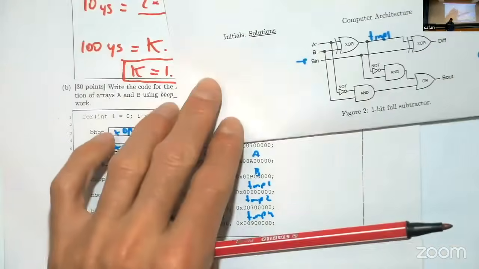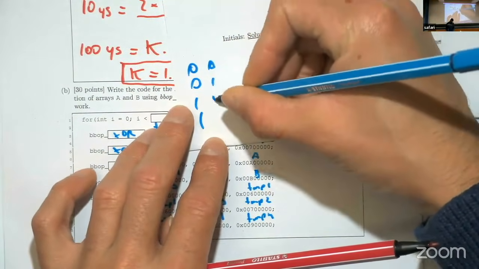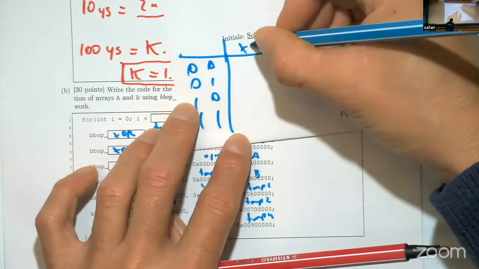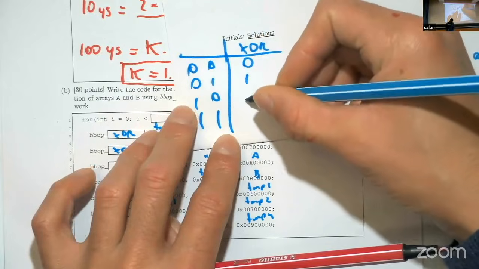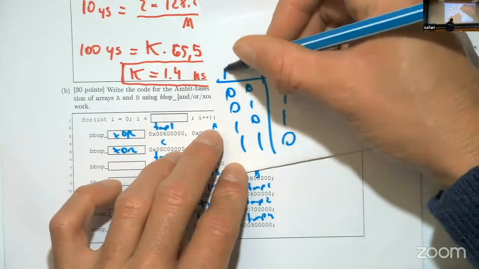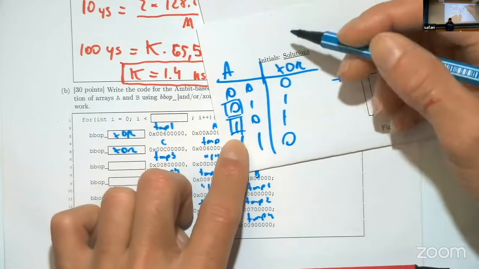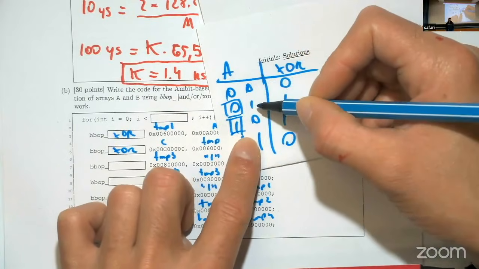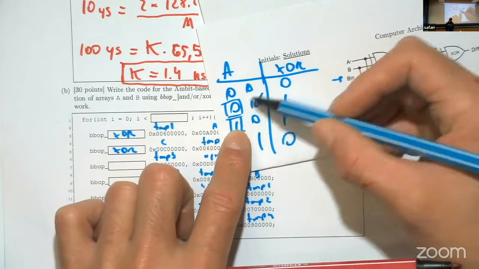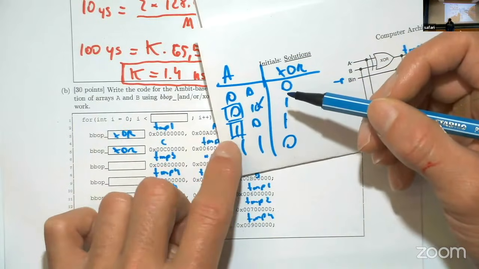So if you look at the truth table of a XOR, if I call this A, you're going to see that if I set one input to 1, and the other input of the XOR to my input, I'm going to have the negated value.